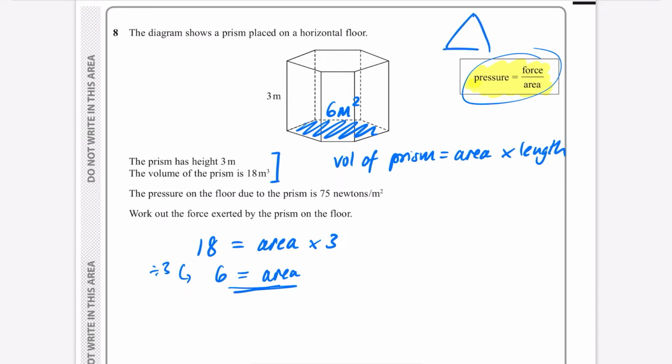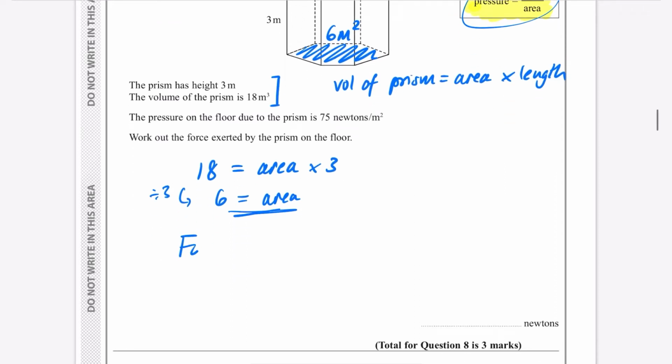And we want to find out the force that's exerted, and they've given us this formula over here. Now, I usually think of this as a triangle with the force on the top, and the pressure and the area below. If we're trying to find the force exerted, we can use this triangle and see that the force is these two being multiplied. So the force exerted is going to be the pressure multiplied by the area.